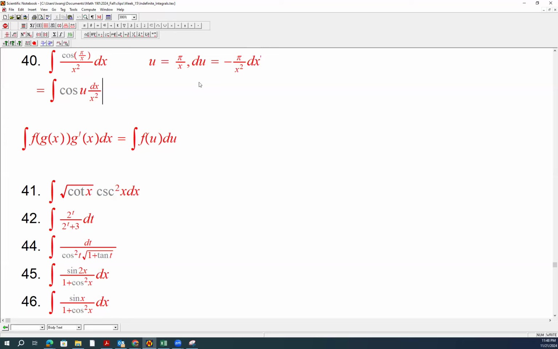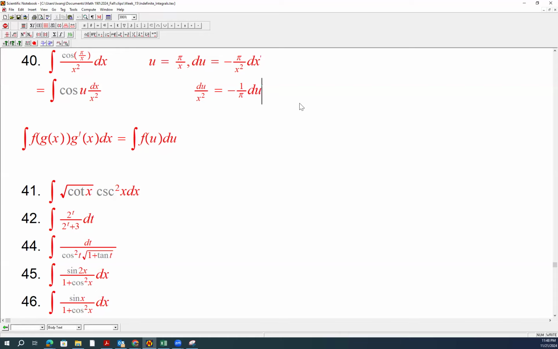We just have to divide both sides by negative pi, right? So dx over x squared equals negative 1 over pi du. Okay.